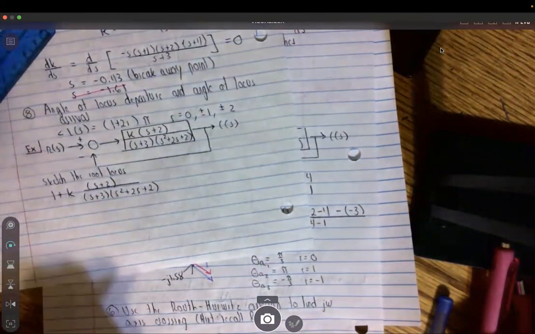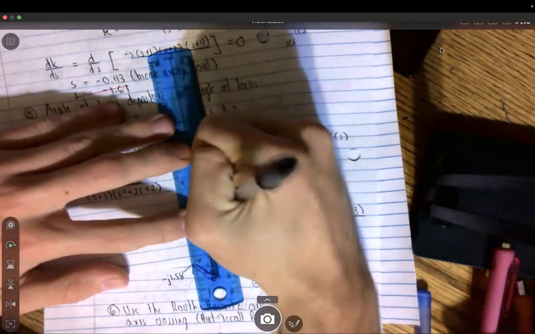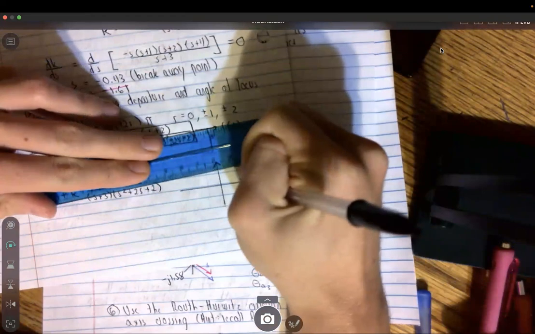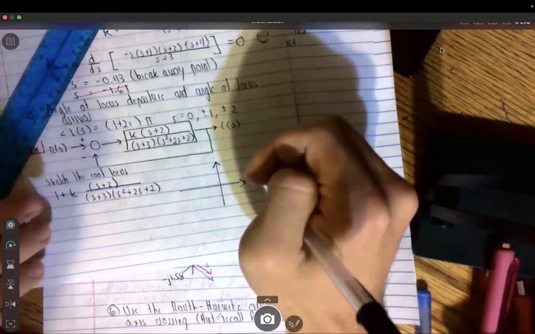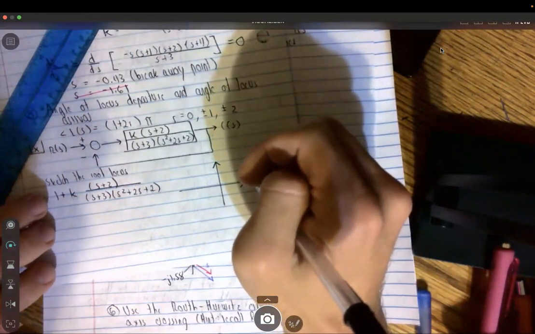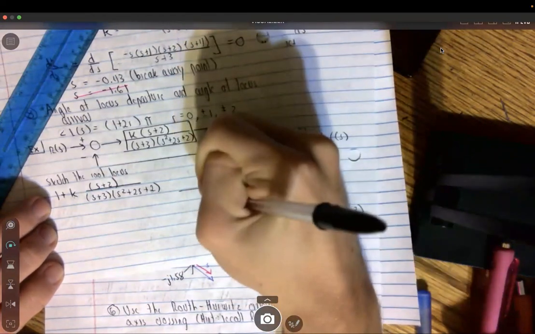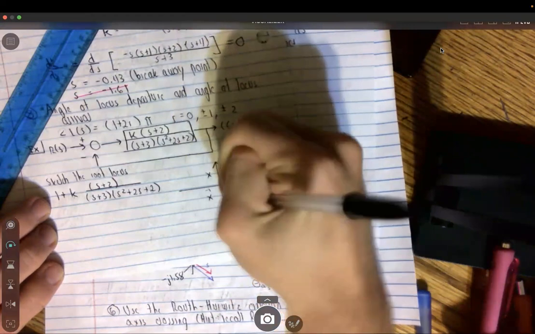When we do this calculation, we're going to have our S-plane appear as the following. We're going to have a pole at -1 plus j, then -1 minus j.